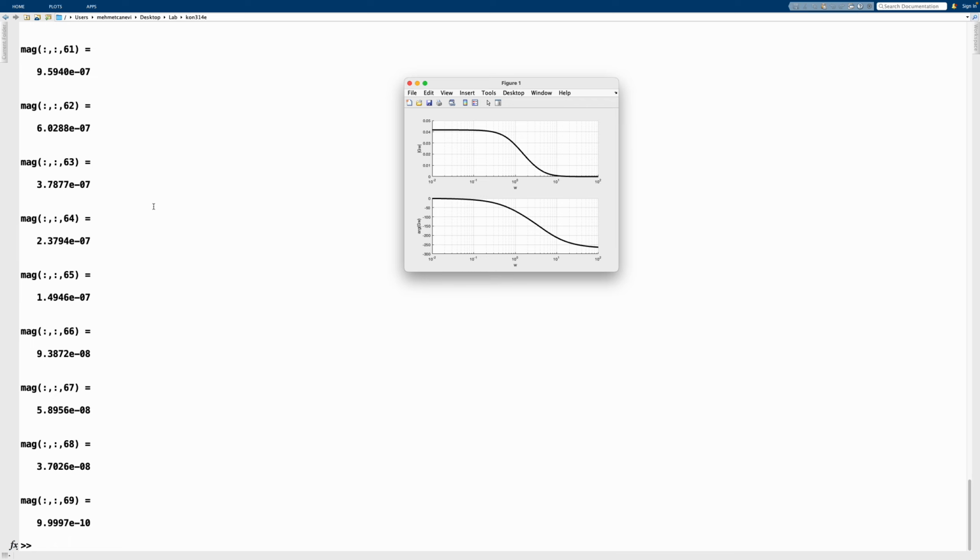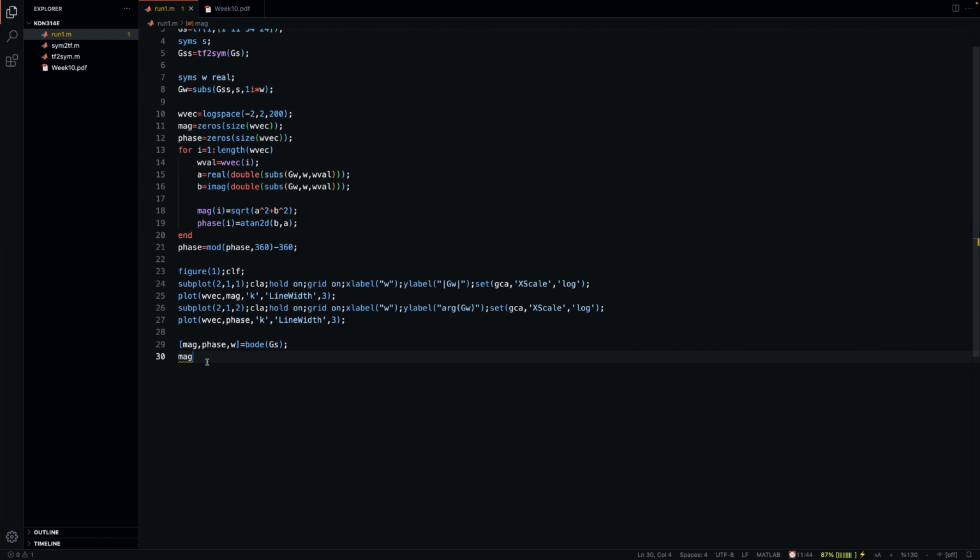So we have this 3D structure where input channel, output channel, and then the element is going to be in this data structure. But we don't really need that when we are working with SISO systems, single input, single output systems. So therefore, I'm just going to use the squeeze command in order to get rid of the extra dimensions that are not necessary at all.